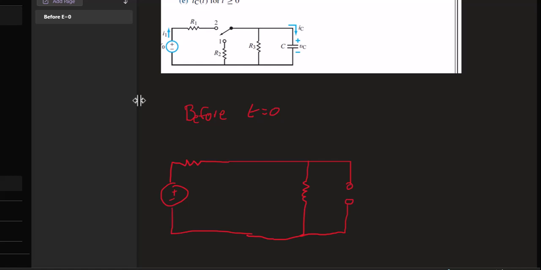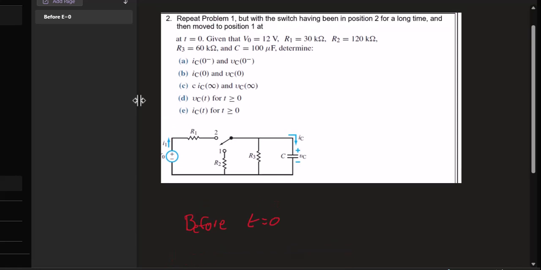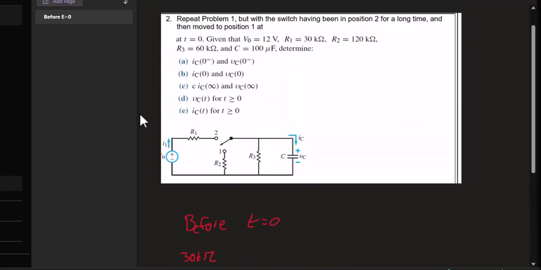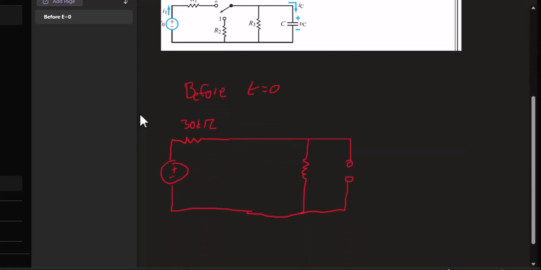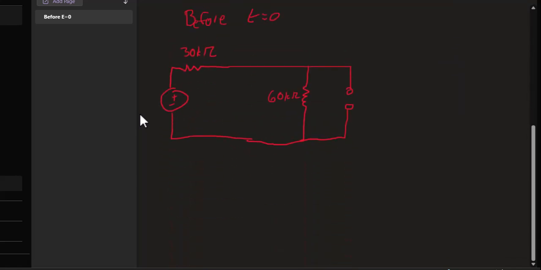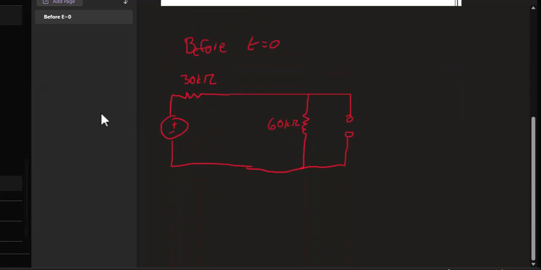And R1 we know is 30 kiloohms, and R3 we know is 60 kiloohms, and our voltage is 12 volts, and our capacitor has capacitance 100 microfarads.